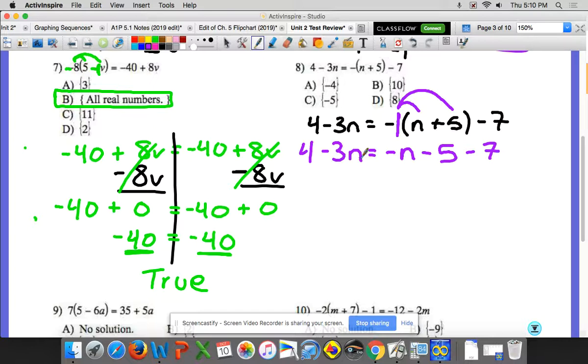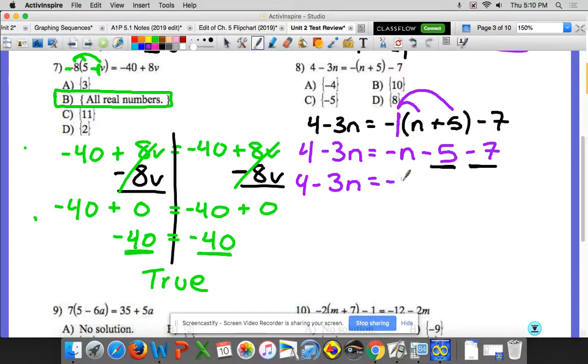Now, after we distribute at this point, we have to combine like terms. And so therefore we have negative n minus 5 minus 7. And we do have like terms this time, and they are both constants, and that's negative 5 and negative 7. So what we get is, we haven't done anything to this left side, so we have 4 minus 3n.